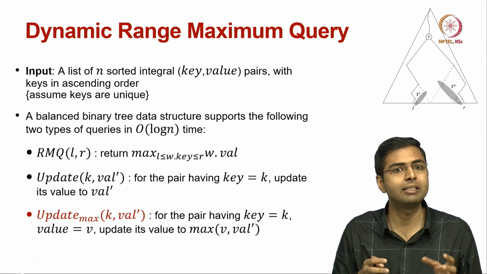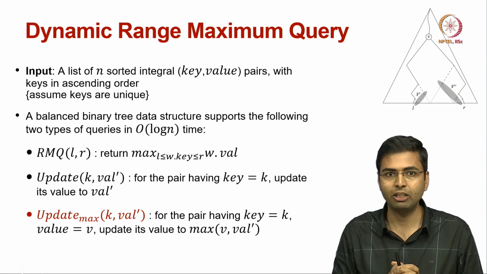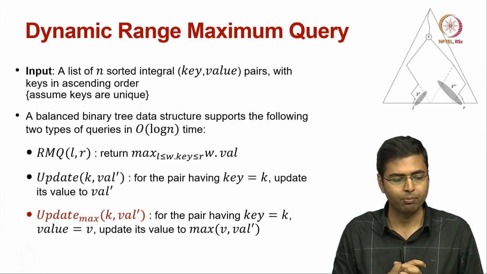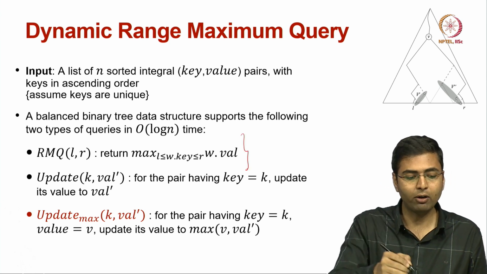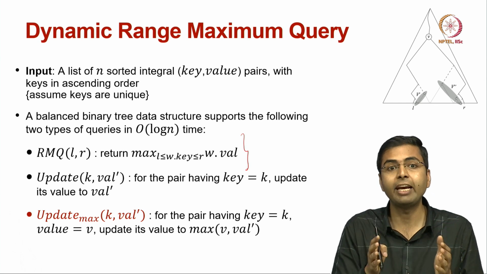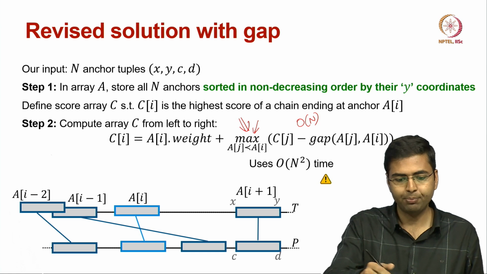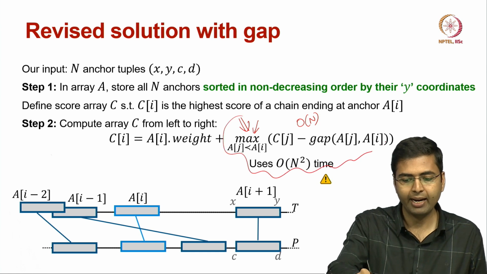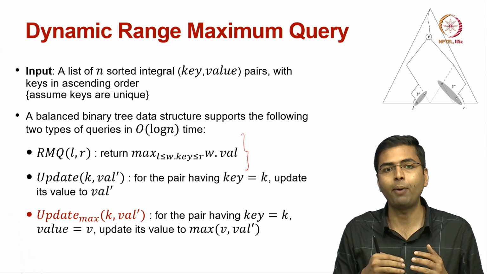In the last lecture we said that these range maximum query data structures can help us achieve a faster algorithm, because they offer a mechanism of searching for the highest value within a key range in log n time only. So the step that was taking order n time can be optimized to log n.